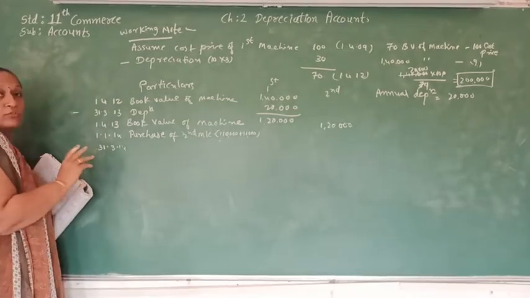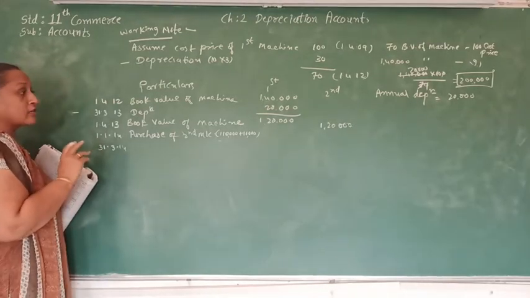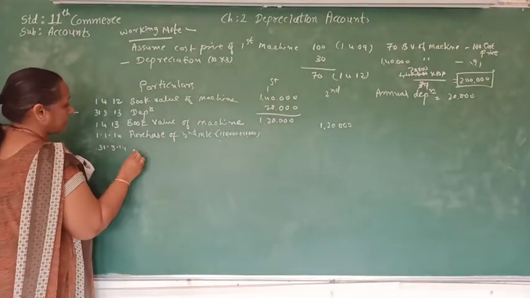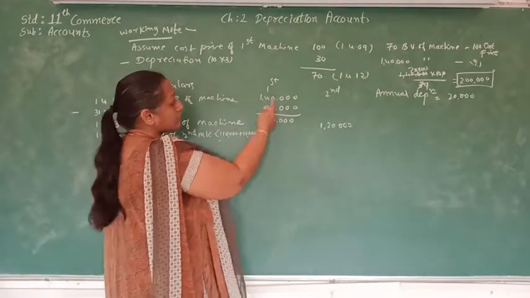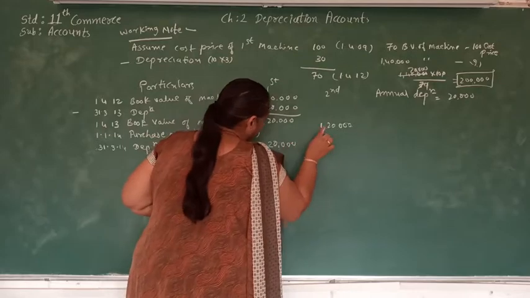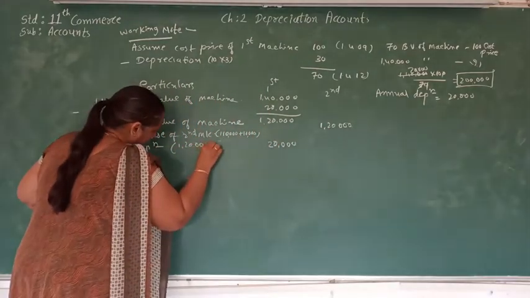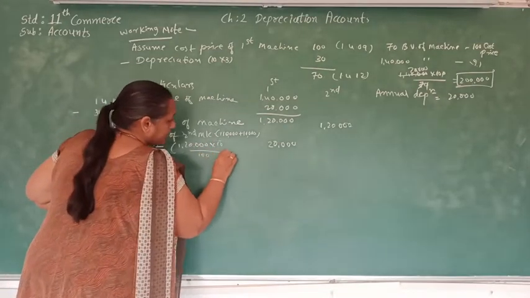So let's calculate both of the depreciations. On 31/3/14, depreciation: we have used the first machine for the whole year, so we write down 20,000, and for the second machine it is 1,20,000 at the rate of 10%, which would be 12,000.